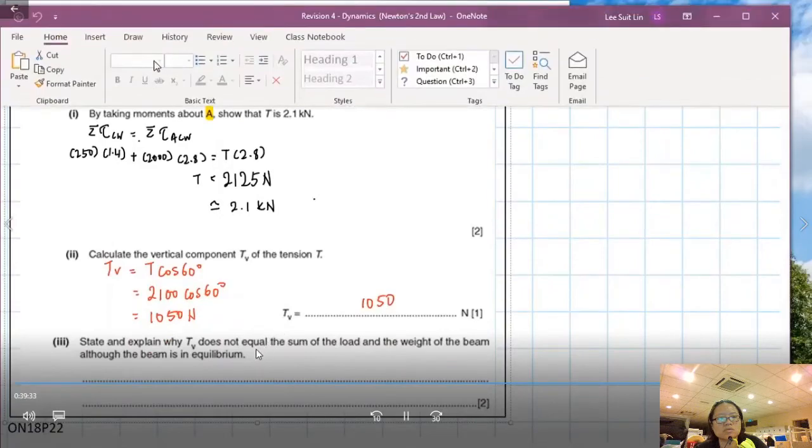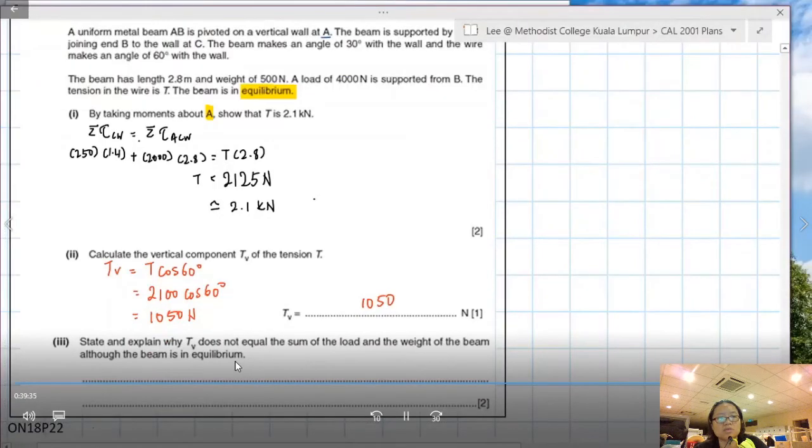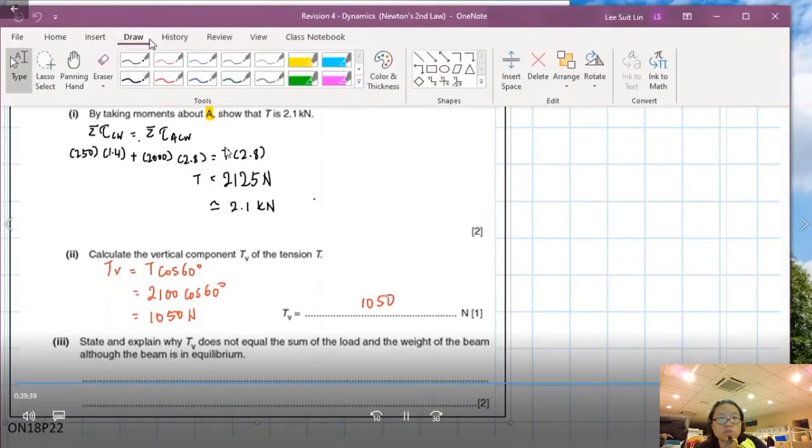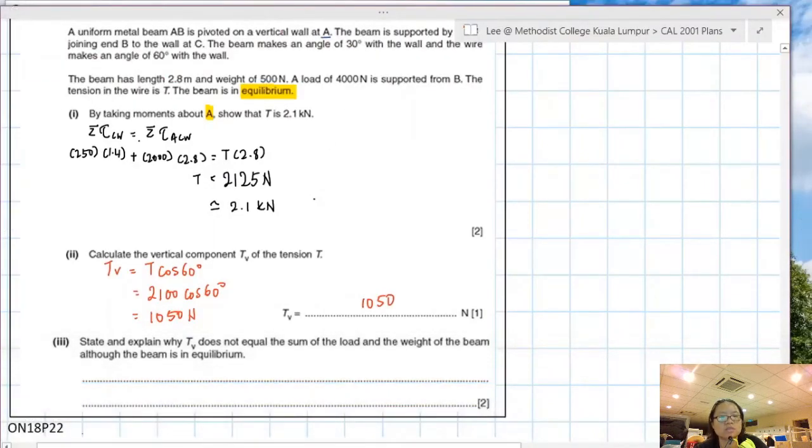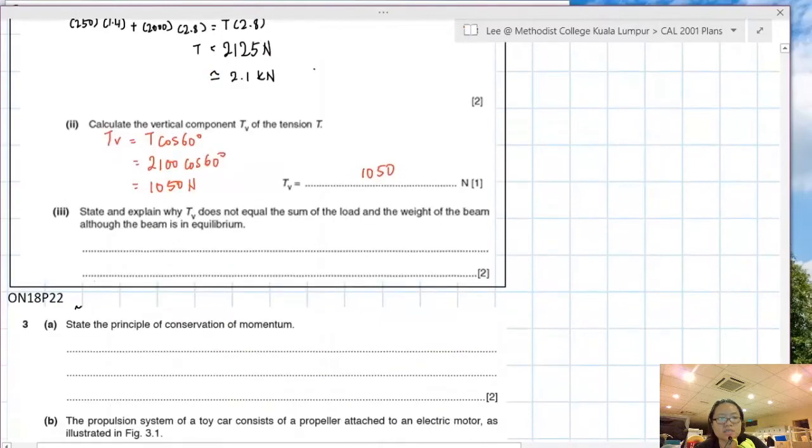Well, the beam is in equilibrium because the wall will exert an upward friction to help the 1050 counterbalance the 4500. So you can say there is an upward contact force, upward normal force.